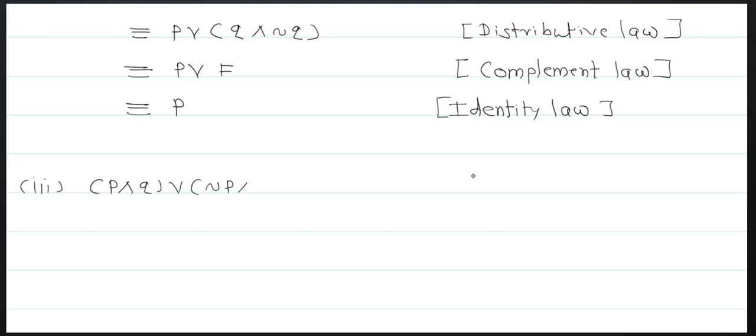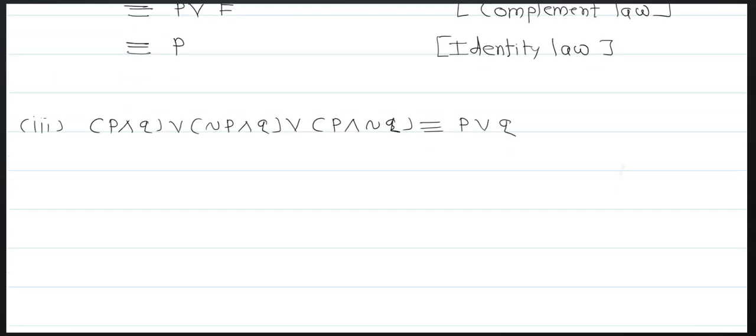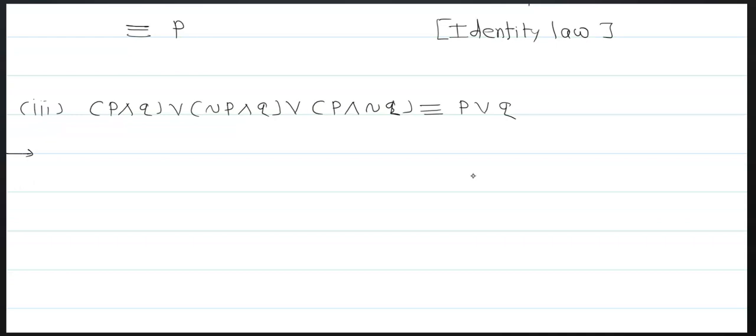P and Q or negation of P and Q, or in bracket P and negation Q, that is equal to P or Q. Now see this.